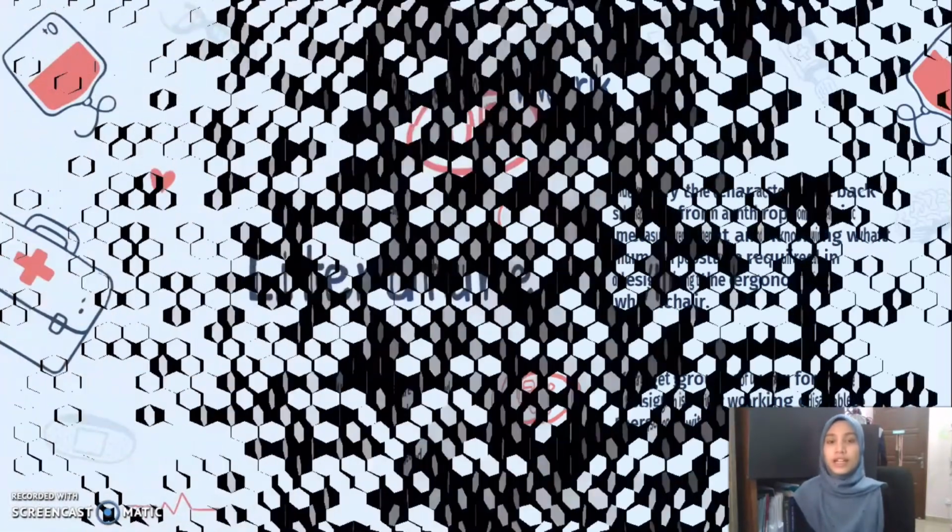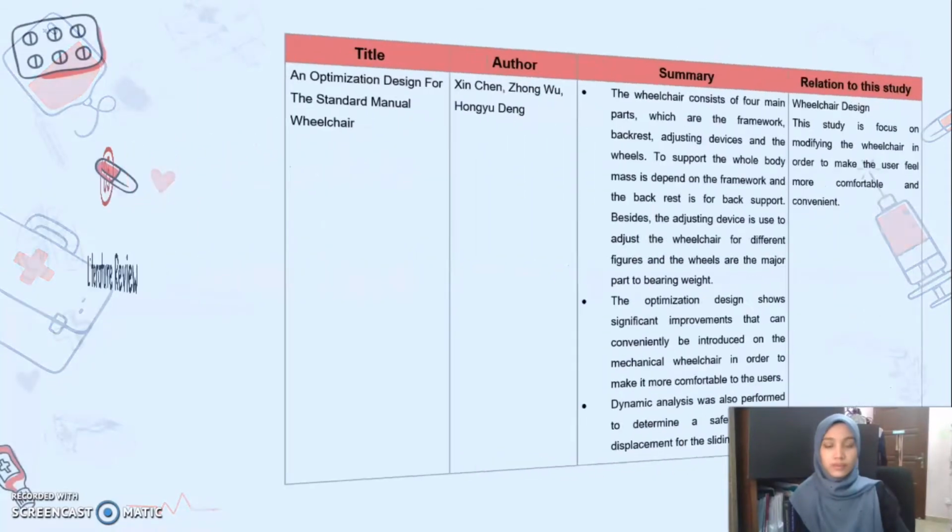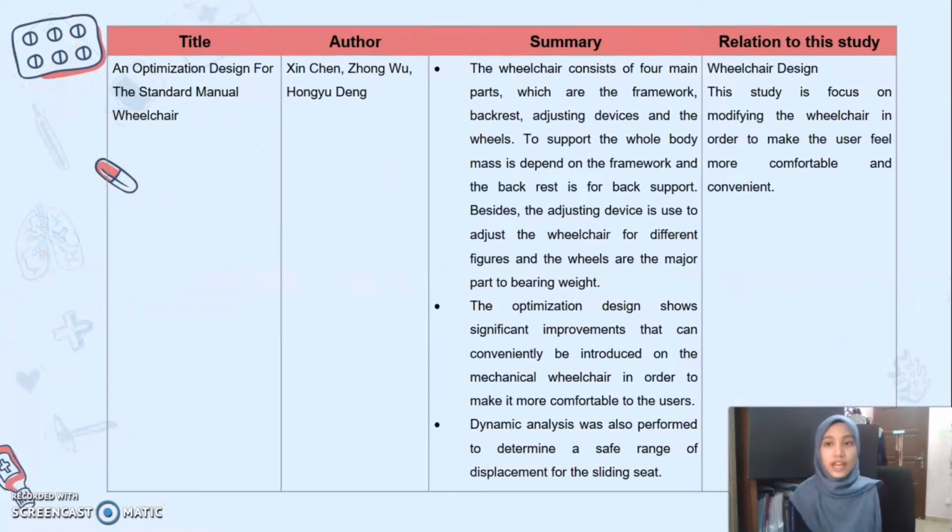From the related research papers that I found and studied, the literature review will explain about this project. The first one is an optimization design for the standard manual wheelchair.